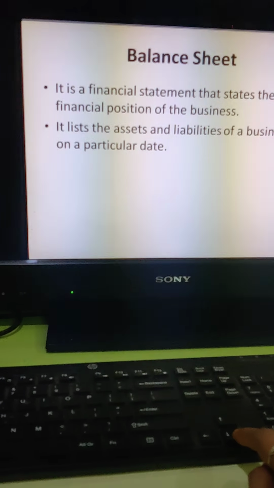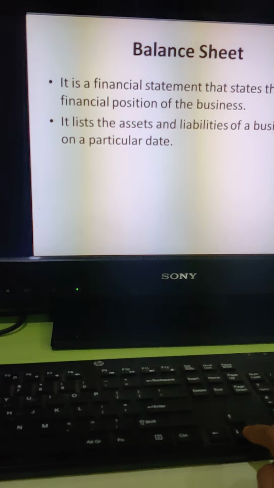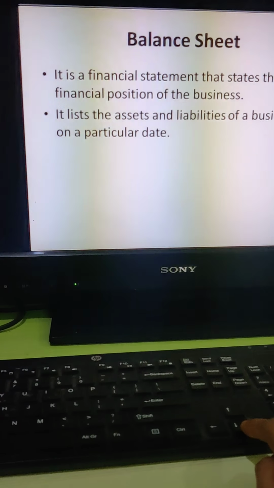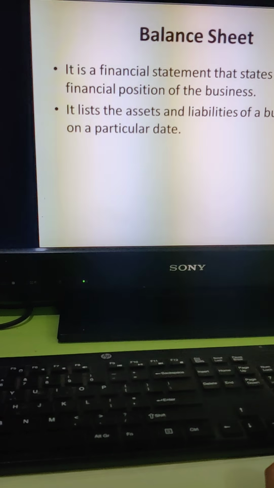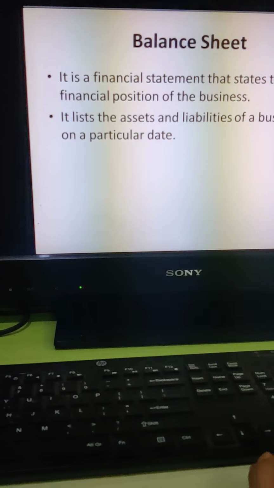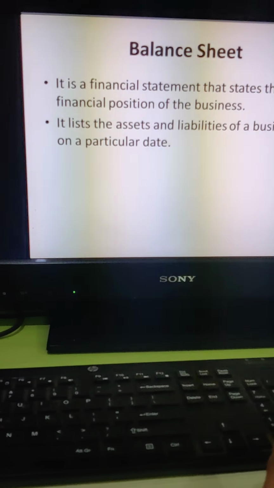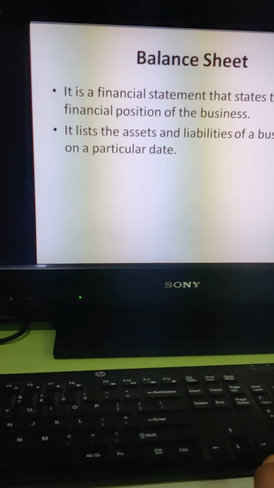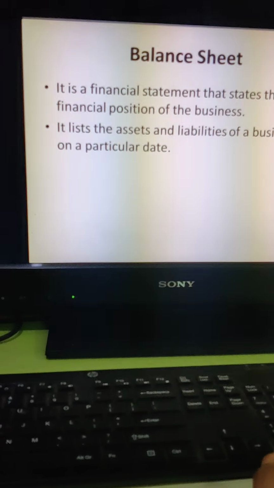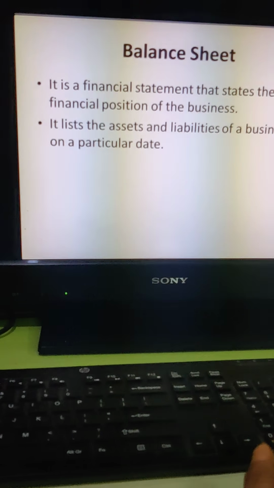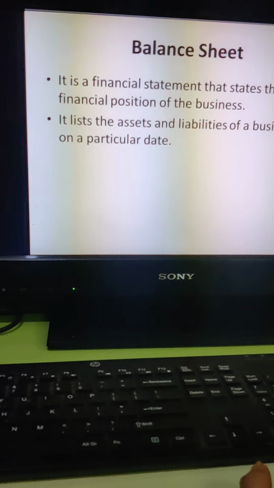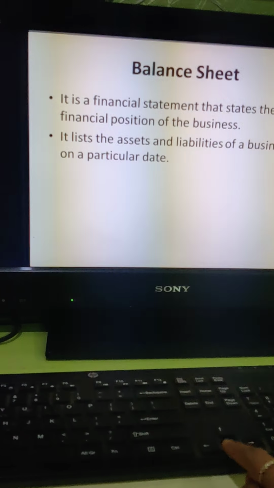We considered expenses and incomes under the trading and profit and loss account. So the remaining is the assets and liabilities. So all the other items will appear in the balance sheet.